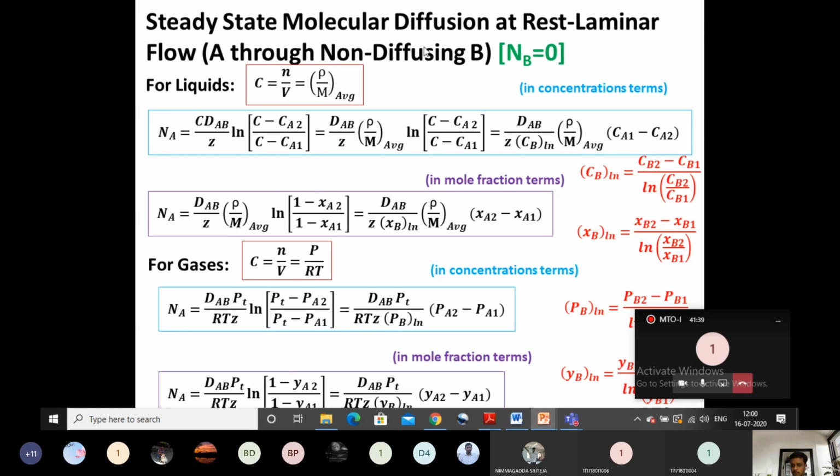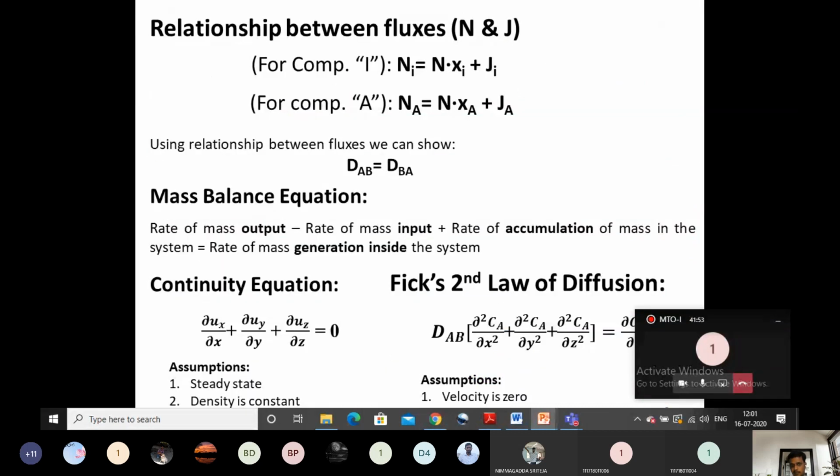So Na, the flux of A, will have some value. Nb is not transferring into water at all, so Nb will be 0. We have to use this fact in the relationship between diffusivities. The total flux N is equal to the sum of the individual component fluxes, Na plus Nb.